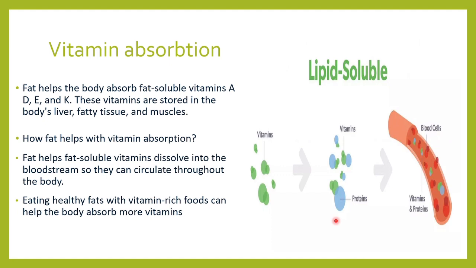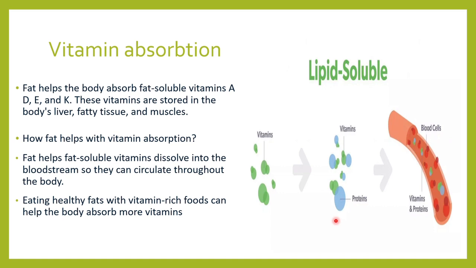These fats also help in vitamin absorption. There are a few fat soluble vitamins like vitamin A, D, E, K, which the body absorbs with the help of the fats. These are absorbed and stored in the body's liver, fats, and fatty tissue, and in the muscles, etc. So this fat is the one which helps in the absorption of these soluble vitamins and minerals, and helps them to circulate throughout the body.